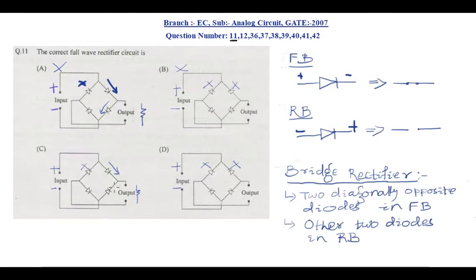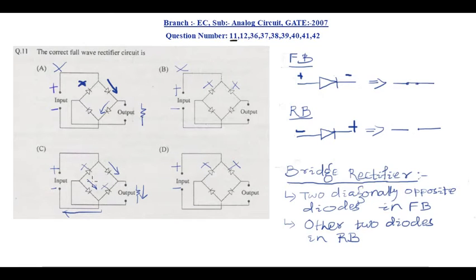This one will obviously be reverse biased, so the current will flow through the load resistor along this path. Again this will be in conduction, and the current will go like this and circulate.